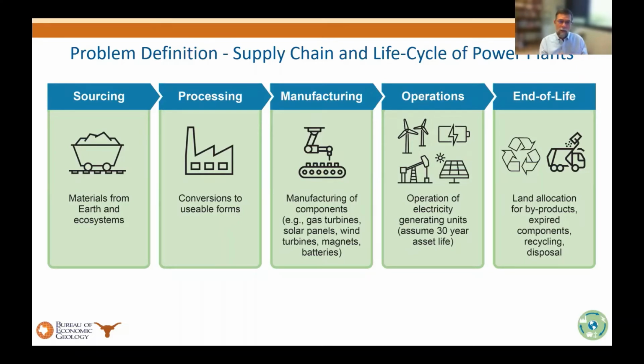And then it gets incorporated and manufactured into components, gas turbines, panels, batteries, and so on. So all of that is done in different places. And we are looking at supply chain and the distance that each one of these plants are located from, say, the mine all the way to processing. Then, at least for those materials that are processed in China, they then get shipped back to the US and then deployed to generate electricity.